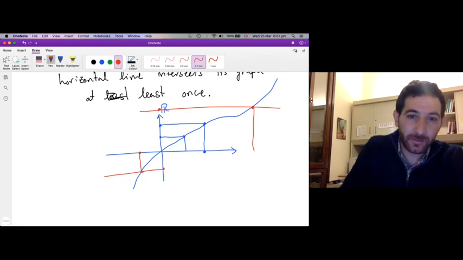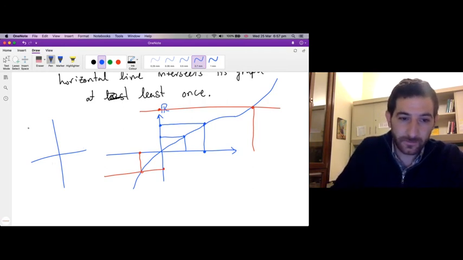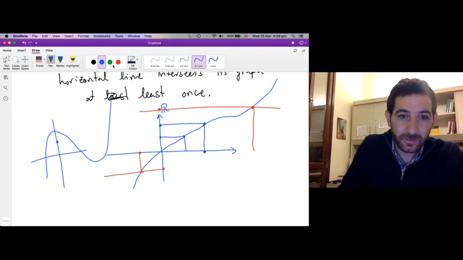Maybe, okay, I'll give you another example. Look, maybe it intersects more than once, right? So this point in the codomain has how many pre-images? It has 3 pre-images.